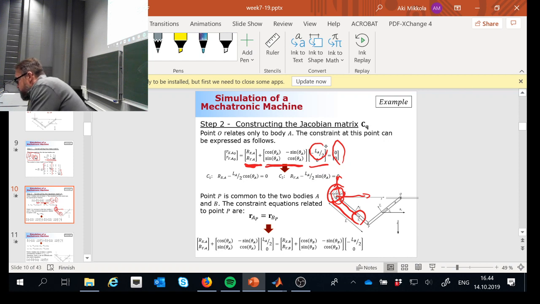Okay, so that's going to give me two constraint equations, first and second. Then we follow the same procedure to express the revolute joint that is located at this point here.